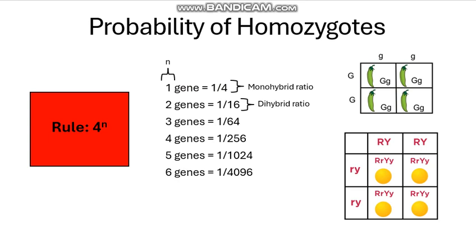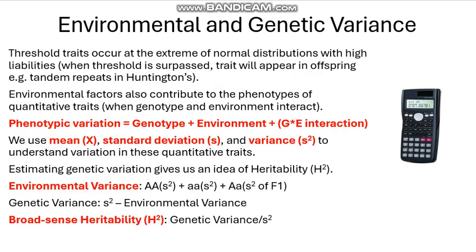So the rule is 4 to the power of n, and that's going to give you the ratio that you're looking for for that number of genes. We don't really need to go higher than this. If you get a ratio and wonder how to work out how many genes are responsible for it, just produce something like this and then you'll be able to match it pretty quickly. It's pretty easy to memorize. Well, 1 in 4, 1 in 16, 1 in 64, and then for the others you can just do the math yourself.